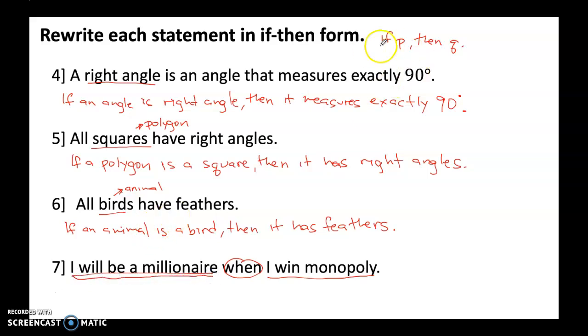So to write this in if-then form, our hypothesis is our P statement, and our conclusion is our Q statement. So if I win Monopoly, comma, then I will be a millionaire. Period. So to make a statement, it should end with a period. If I win Monopoly, then I will be a millionaire.